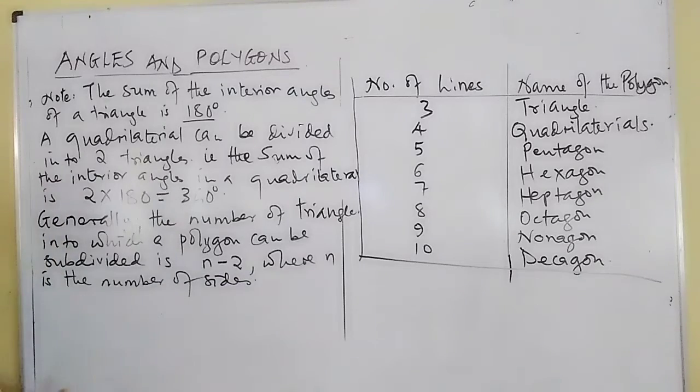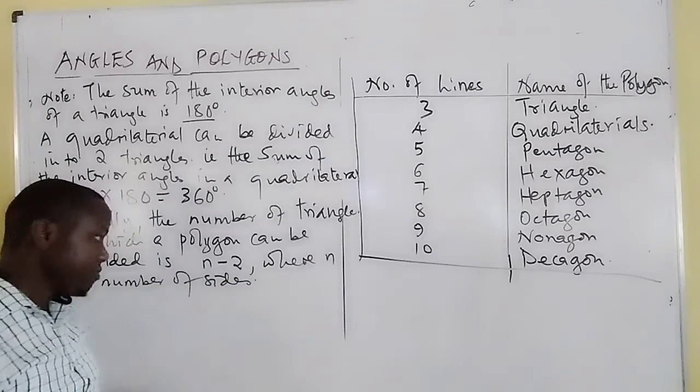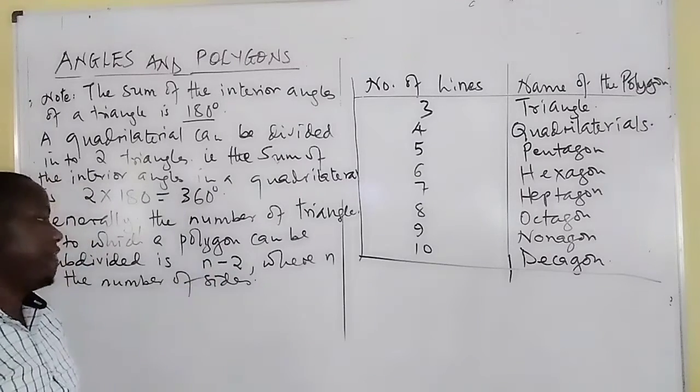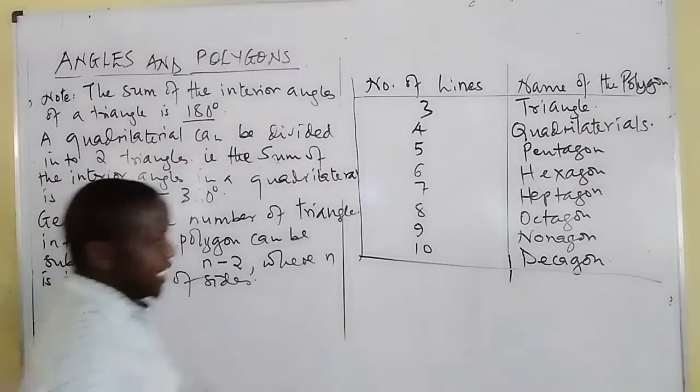Therefore, when we take the number of sides, then we will get the number of triangles inside that polygon.